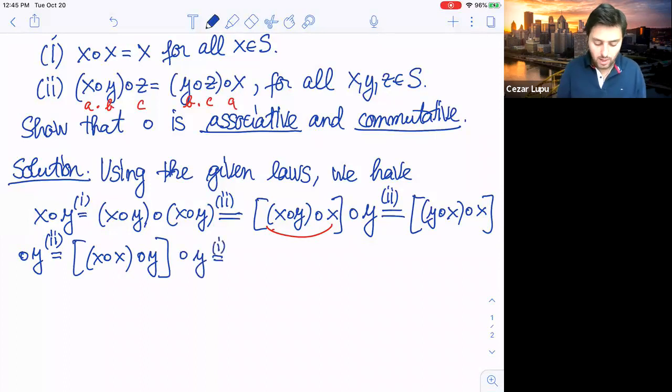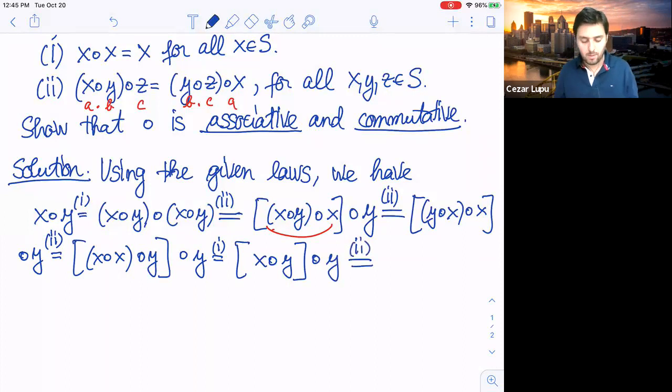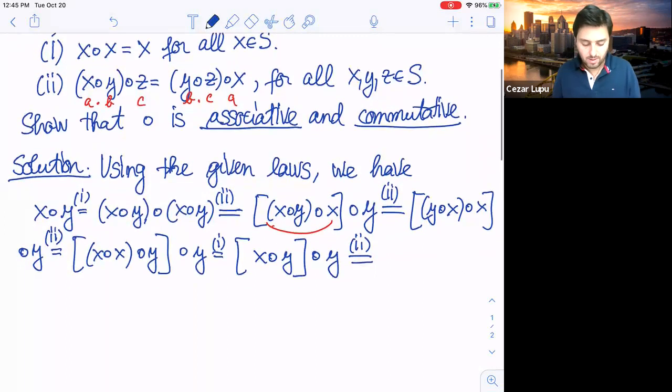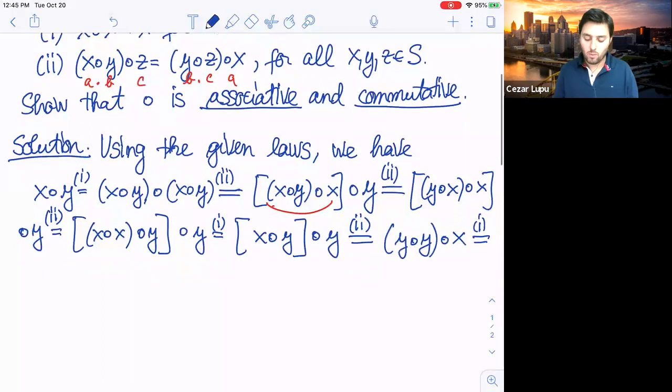I know that x circ x is x. So this will be x circ y, and now by applying 2 again, this time directly, it would be y circ y, circ x. And now applying 1 again, y circ y is y, so this will be equal to y circ x.